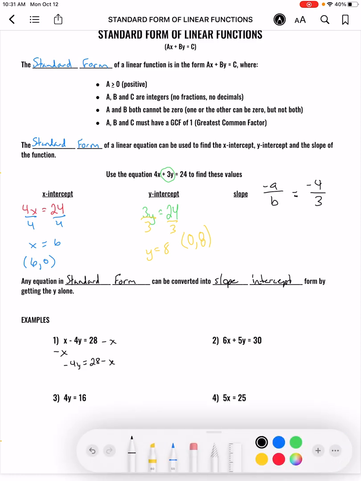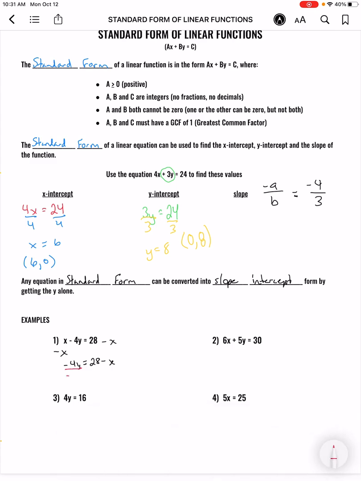Okay, step two is going to be to get the y alone. So I'm going to divide by any and everything that's in front of y. So in this case, by a negative 4. So my next line is going to be y equals 28 divided by negative 4 is negative 7. And then negative x divided by negative 4 is equal to a positive 1/4 x.